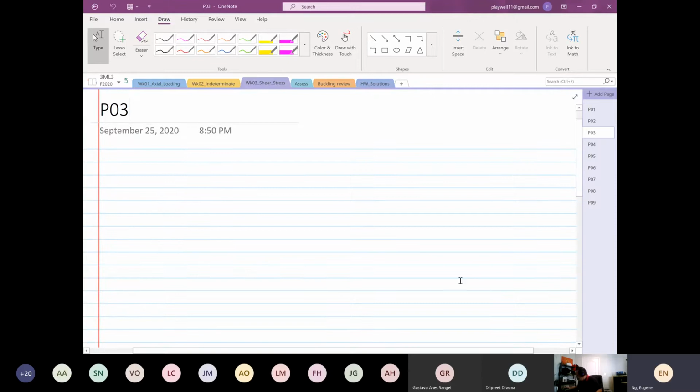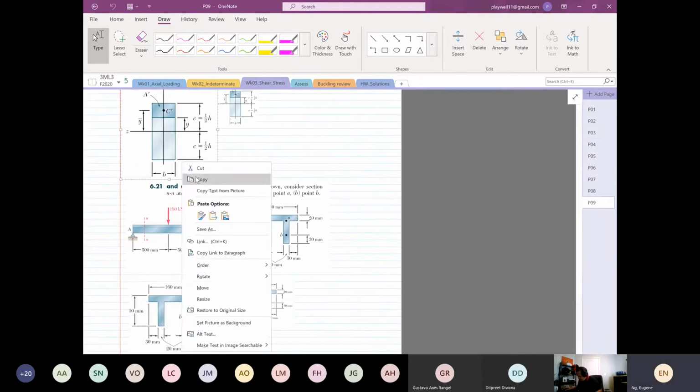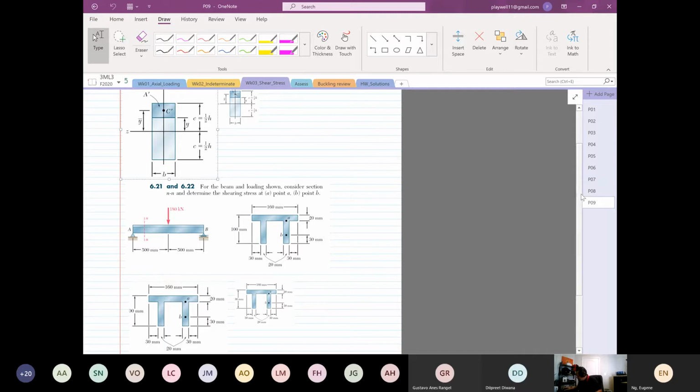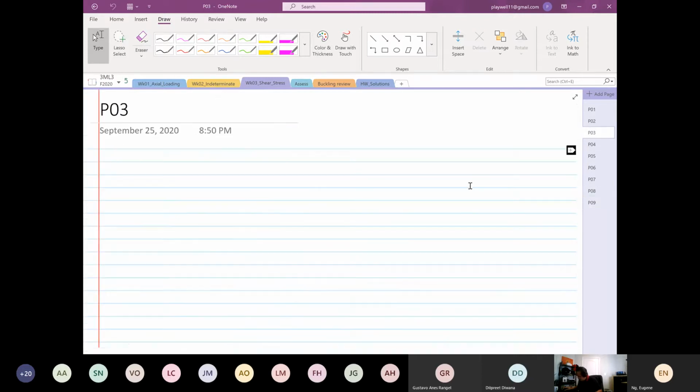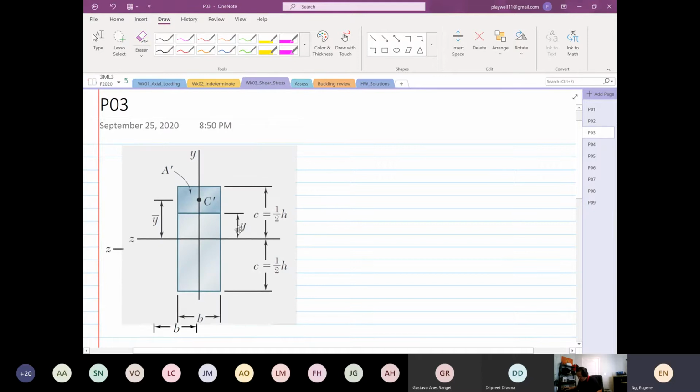So now again, I'm going to take this figure. Same figure. And we're going to derive this figure.